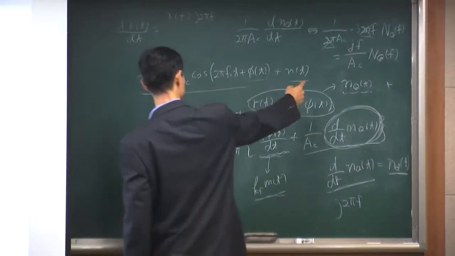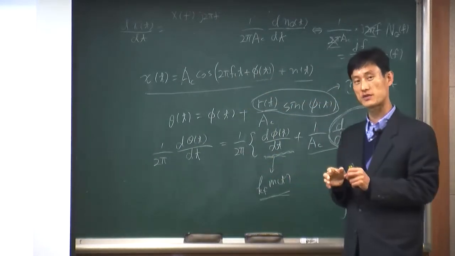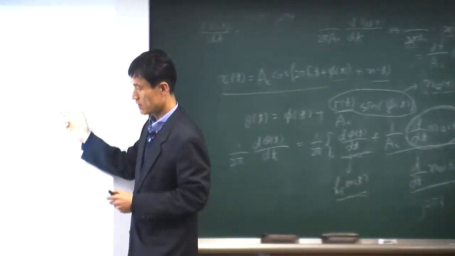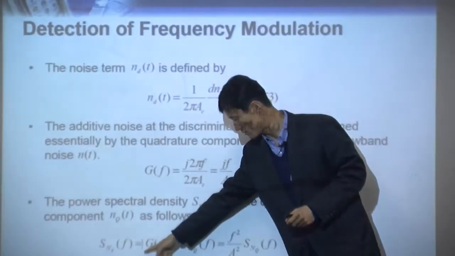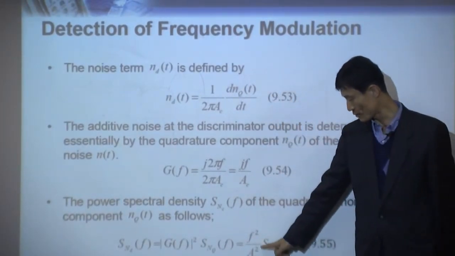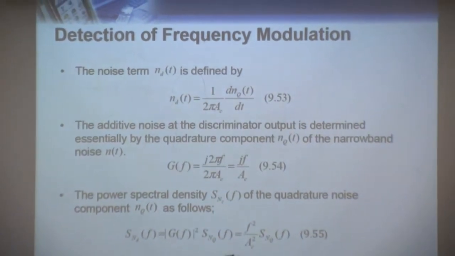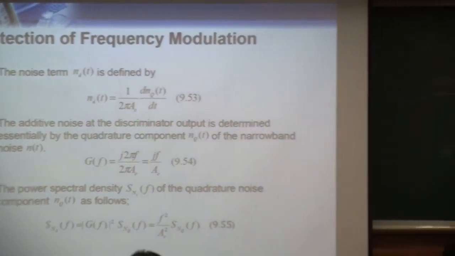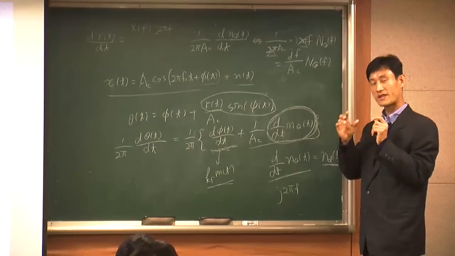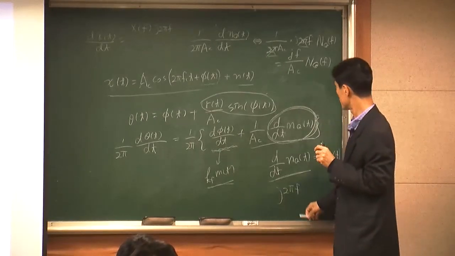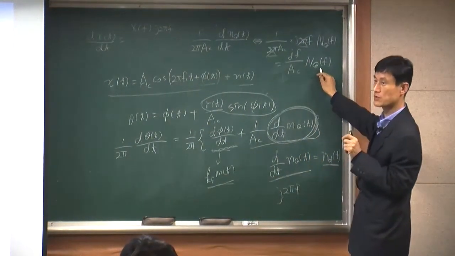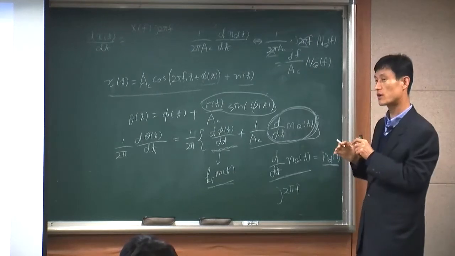So when you take the square, in order to get the power spectral density, you take the absolute value squared, and then you get f squared divided by AC squared, and just the square of these things. Again, when you do power, the amplitude gets squared, and N_q(f) is simply the frequency response, so we are changing this into the power spectral density.